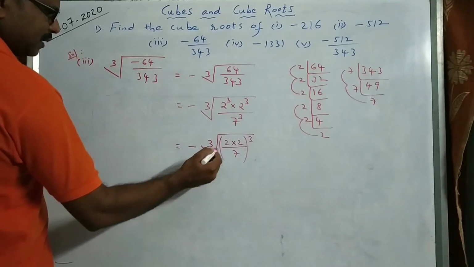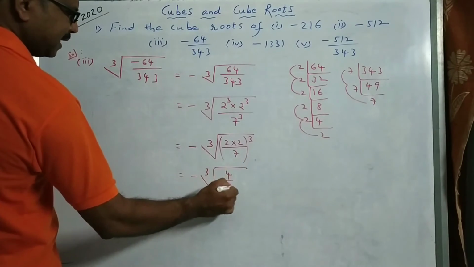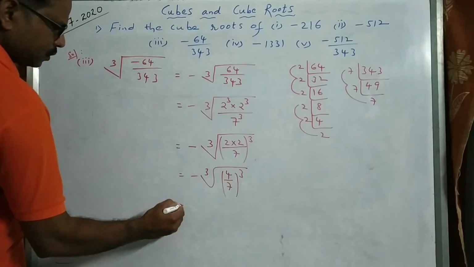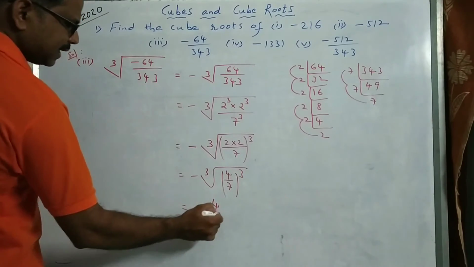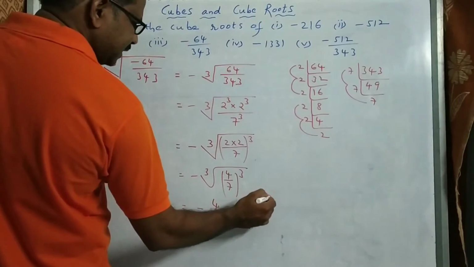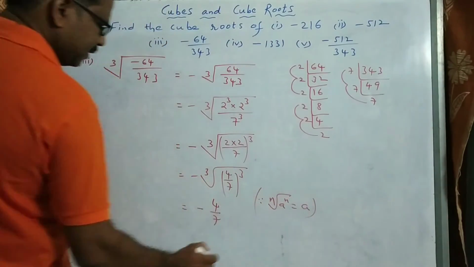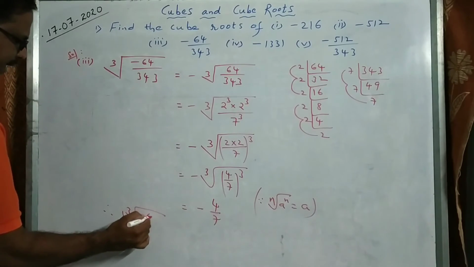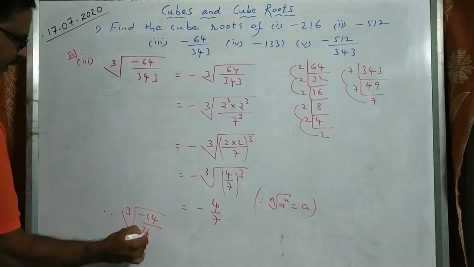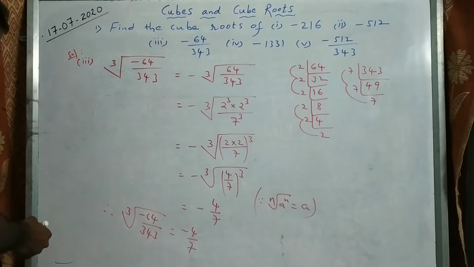So minus cube root of 4 by 7 whole cube. So that 3 and the cube root get cancelled. So what is my answer here? 4 by 7, since the nth root of a to the power n will be a. Therefore, the cube root of minus 64 upon 343 will be minus 4 by 7. That is the final answer.